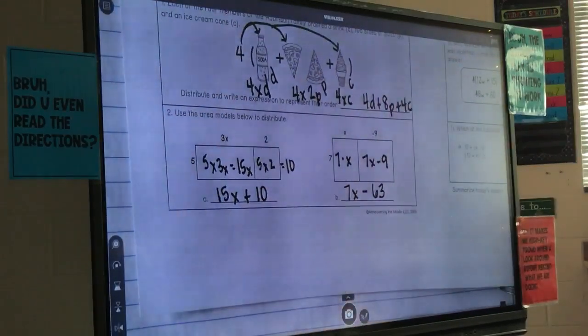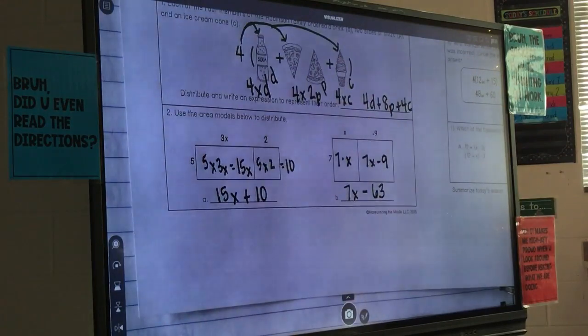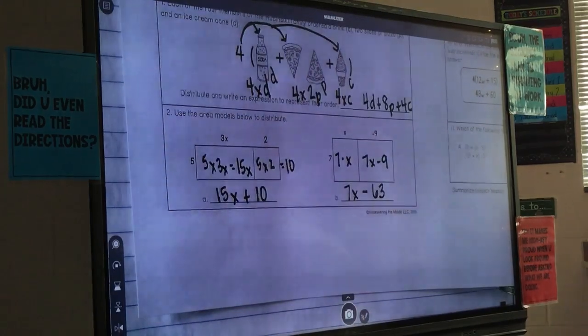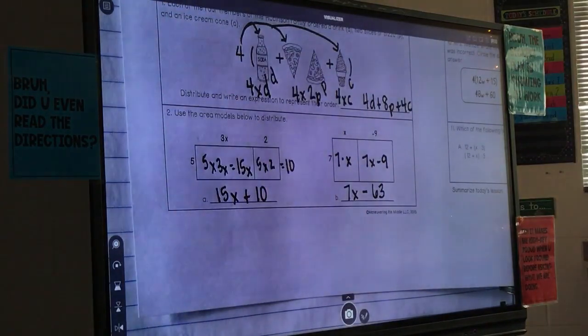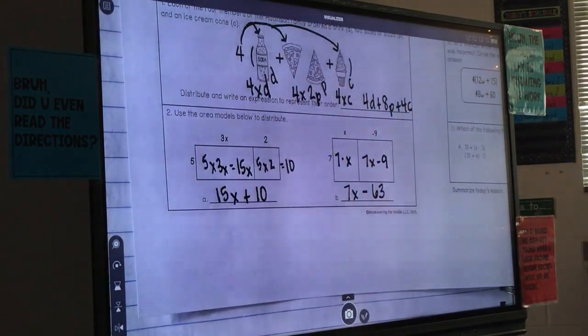Okay, so that is how you deal with that negative 9. I don't think you'll see any other negatives like that today. All right, questions about those two? Feel okay? Again, you're multiplying the number on the outside by everything on the inside.